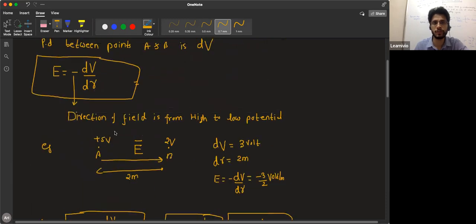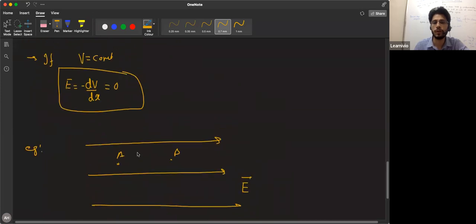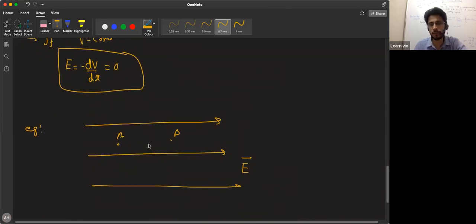See, read this statement. Just read this statement, Anshika. Now tell me, A and B, which one is at higher potential? Sir, B. No. See, field is from higher to lower potential. What is the direction of field, Anshika?